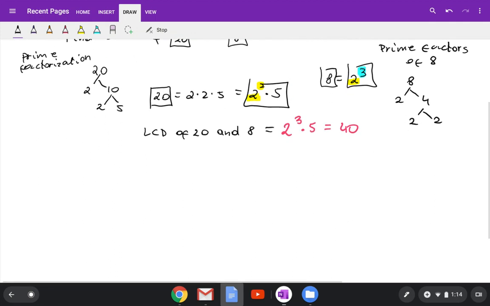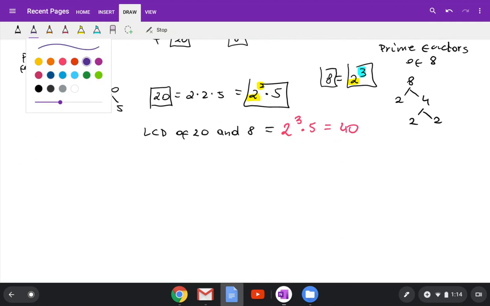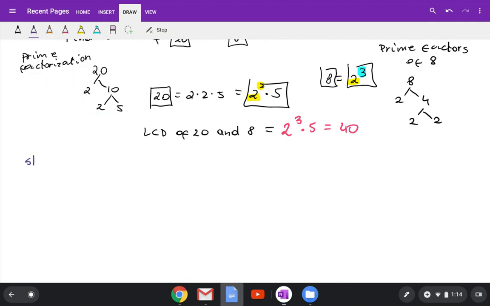Now, everything I just told you, I'm going to write for you in steps. Steps of finding the least common denominator of two or more rational expressions.